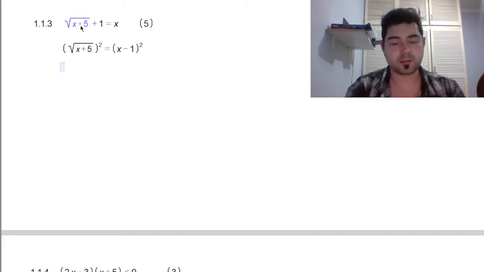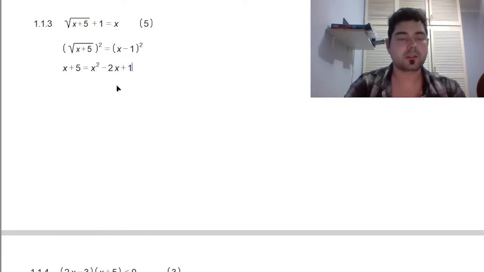Okay, and over here, the square root and the square are just going to cancel. We get x plus 5, and over here we're going to expand this trinomial very quickly. X squared minus 2x plus 1. Okay, and yeah, you can take your time to expand that if you want to, but by now we should be pretty confident with that.